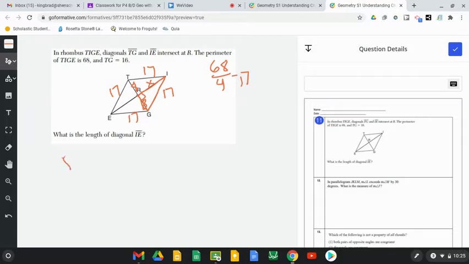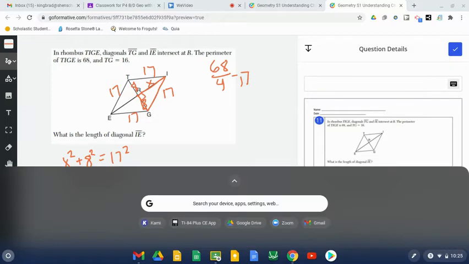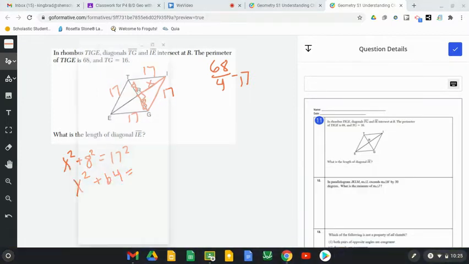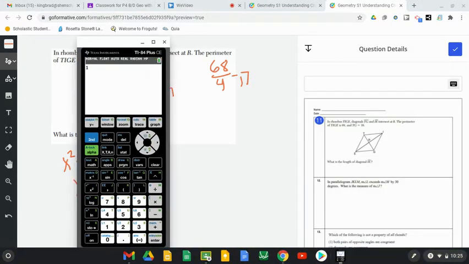So I can do x squared plus 8 squared equals 17 squared. Oh gosh. Let's see, x squared plus 64 equals, I don't know, 17 squared. 17 squared, that's 289.